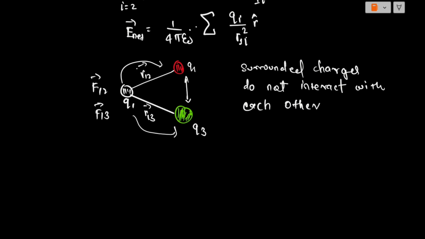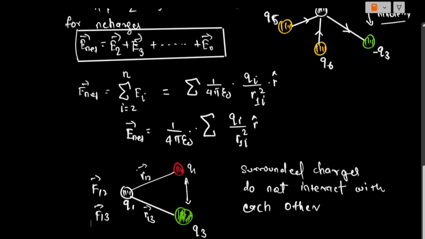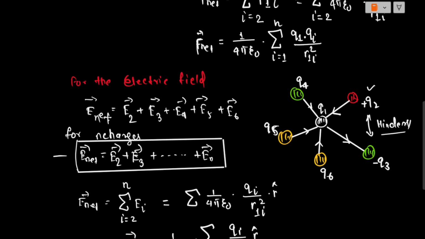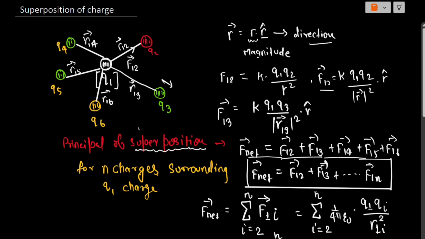So we are only dealing with the individual forces and the individual electric fields. This principle of superposition works only for the individual summation, right? So this is what we have as the principle of superposition for the electric field and for the force.